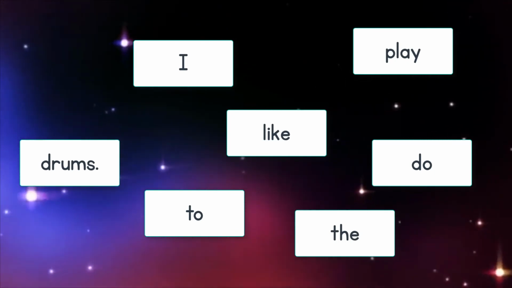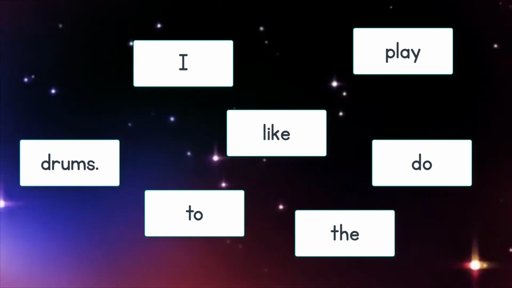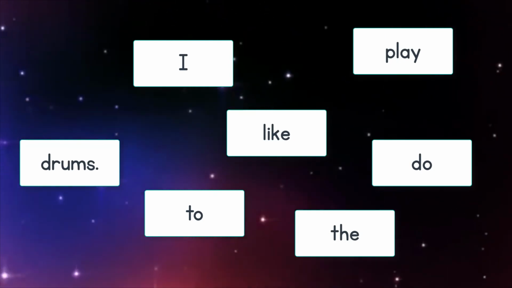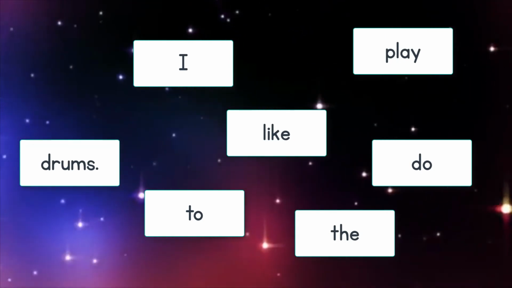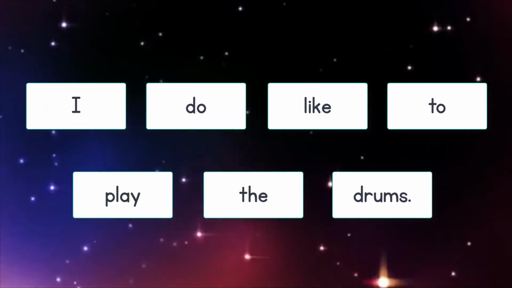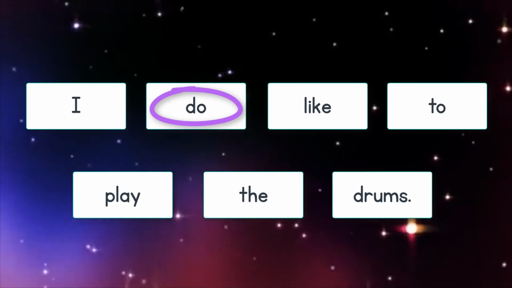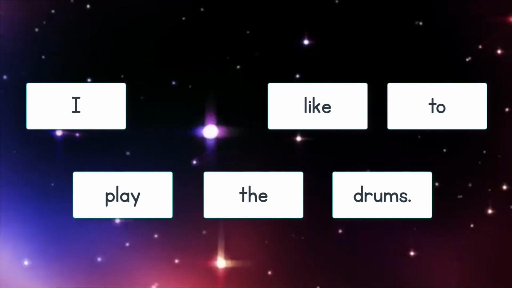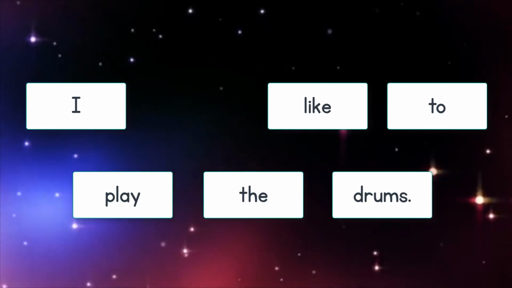Put those in order, make a sentence. Alright, our sentence is I do like to play the drums. And this is a present tense. This is happening now. I do like right now to play the drums.